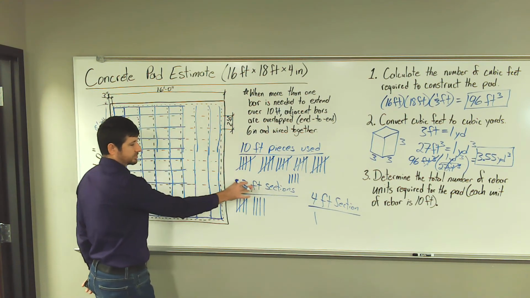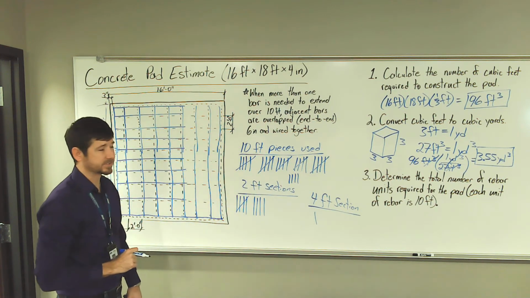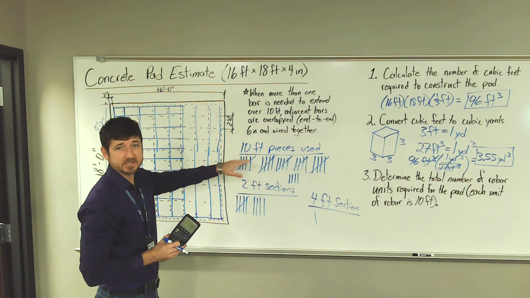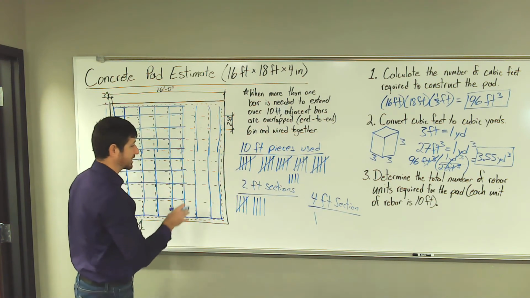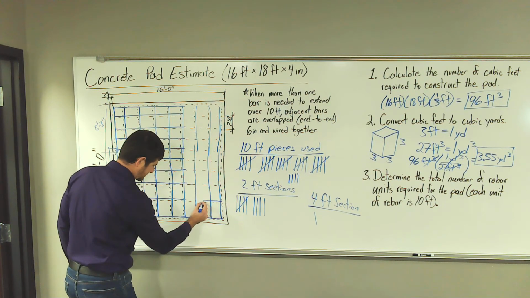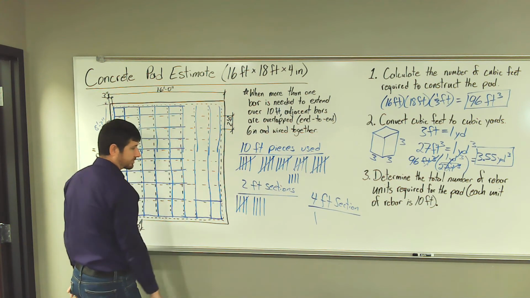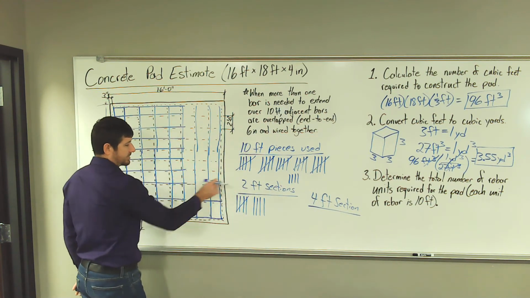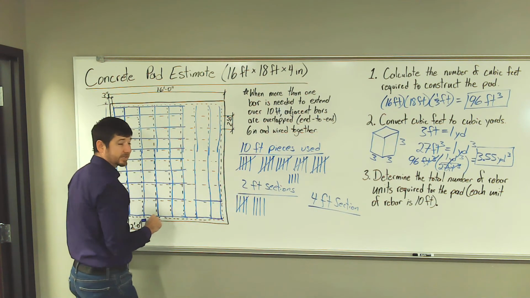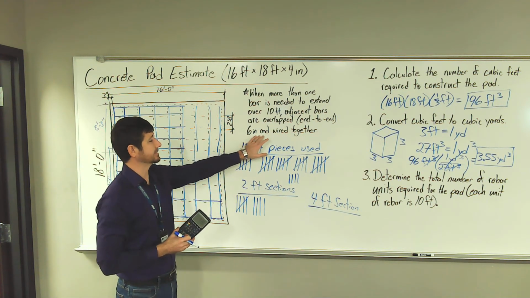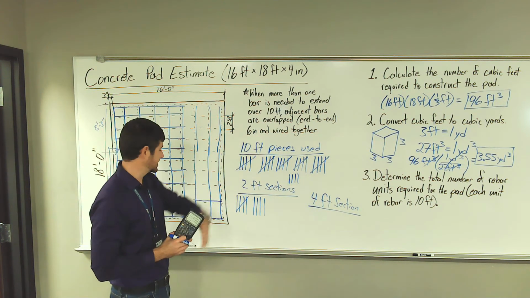Let's start to use our 4-foot and 2-foot sections, so we don't have to use the 10-foot pieces and waste any material. So if I use that 4-foot section here, we've got that, so we've used the 4-foot section, and then I'm going to use a 2-foot section, but remember, we are required to overlap end to end 6 inches and wire them together.